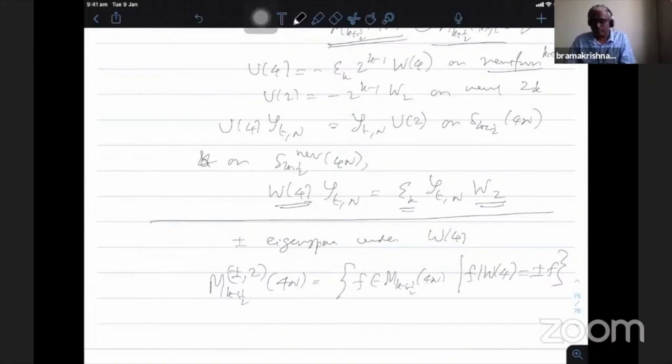So this plus/minus is nothing to do with the Kohnen plus space. Only when p is an odd prime dividing n do they preserve the plus space, and there will be confusion. Therefore, I have to put a notation. In this one there is no confusion of notation, because when I consider the plus/minus 2 with respect to W4, I cannot take the plus space. So you have to take only the full space, and take the cusp forms. One should have this understanding so that confusion will not be there. So you take M_{k+1/2}(±2, 4n) intersect with the cusp forms.